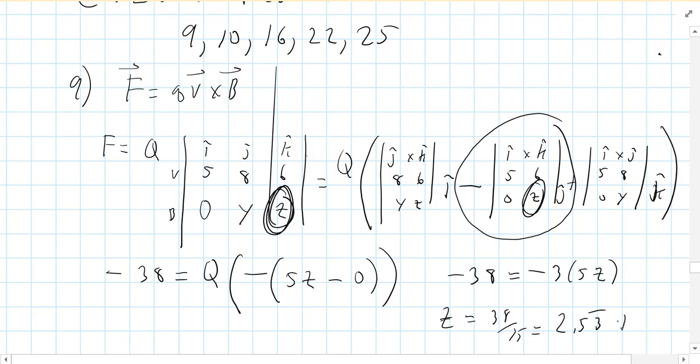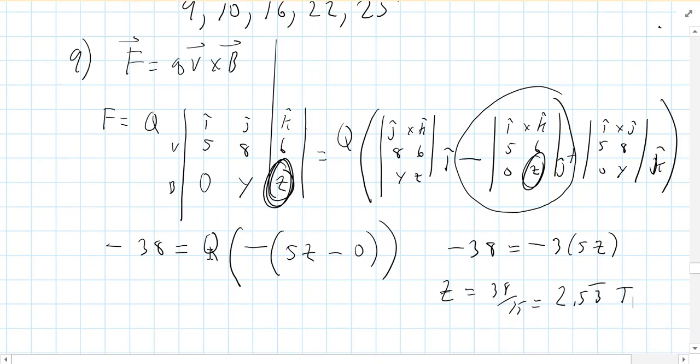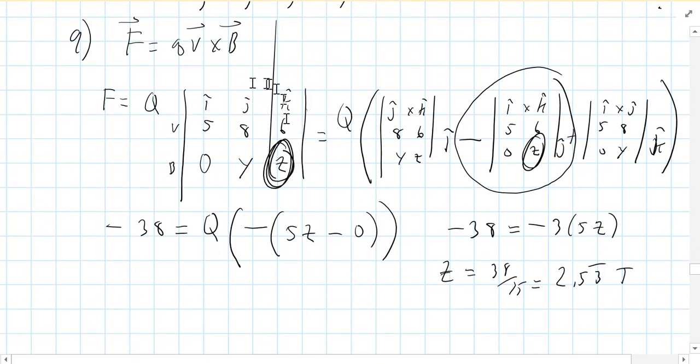Magnetic field would be in Teslas. So that should be the answer to number 9 for me. Again, cross product: you don't have to do the matrix thing, you can kind of just figure it out, but I wrote it out to show what it would look like if I did the whole thing.